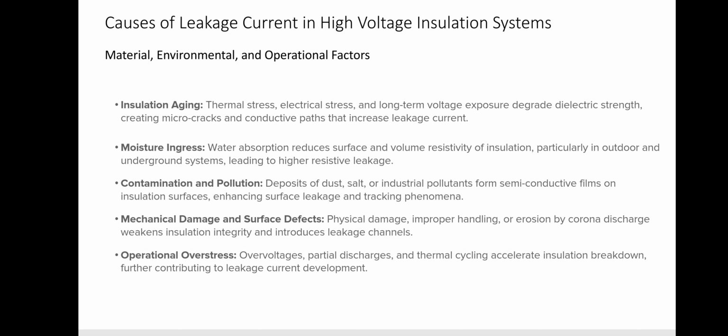Mechanical damage and surface defects: physical damage, improper handling, or erosion by corona discharge weakens insulation integrity and introduces leakage channels. Operational overstress: overvoltages, partial discharges, and thermal cycling accelerate insulation breakdown, further contributing to leakage current development.